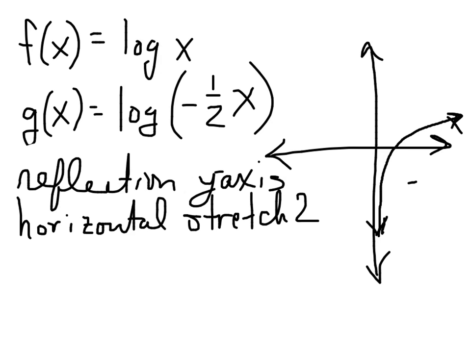So that means instead of opening up to the right, we're going to open up to the left. And then the other thing is a horizontal stretch by 2. Horizontal means this way. Okay, so what should happen if we pull it from left to right? What should happen to the graph? Wider. Okay, so it's going to come in here, it's going to come out there, and then go faster that way, right?